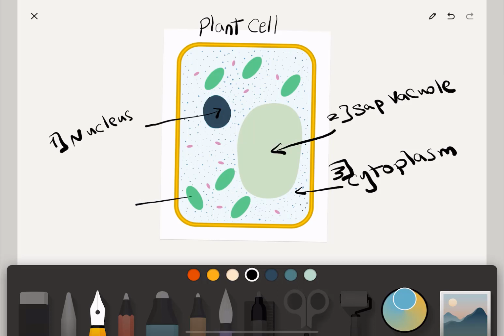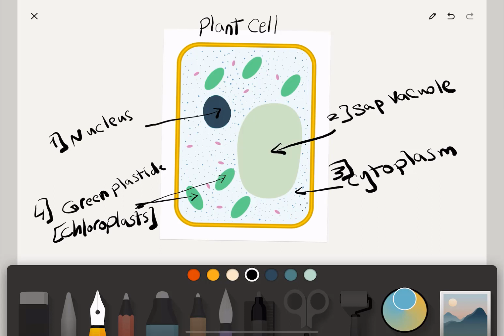This green part is called green plastids, or chloroplasts.